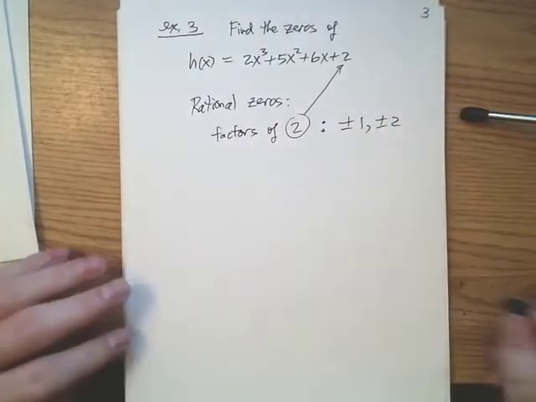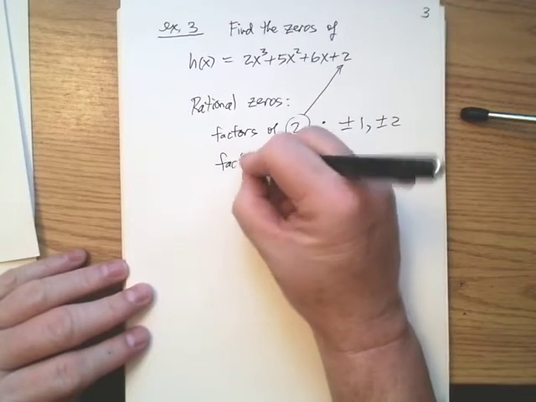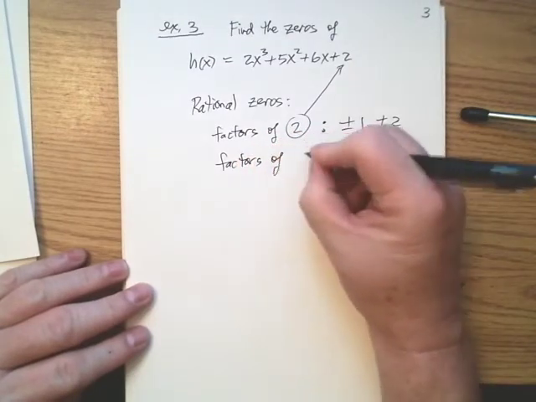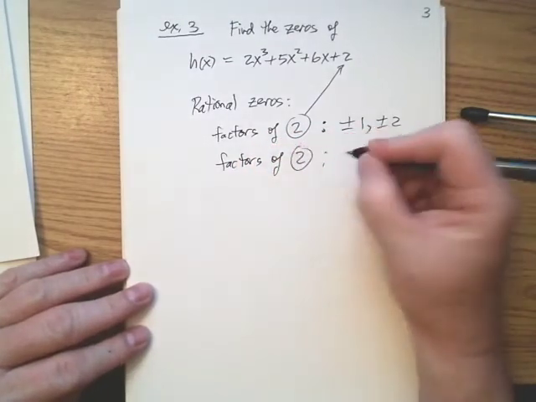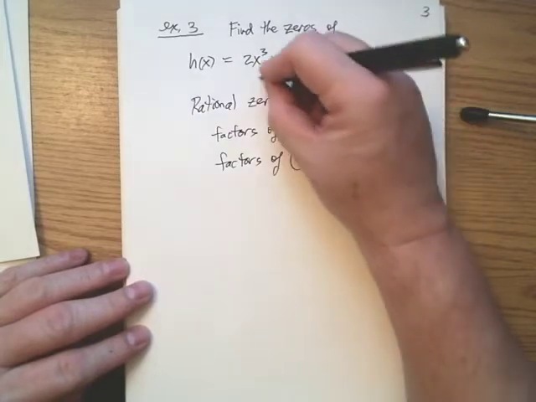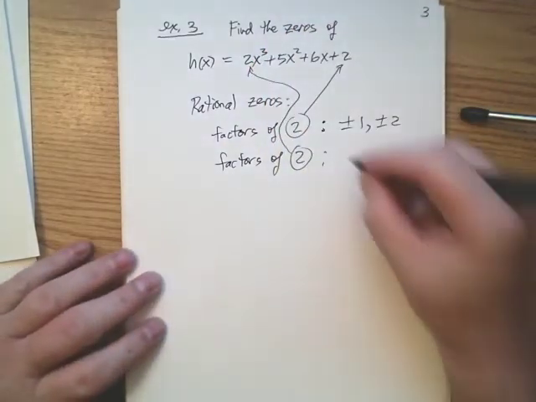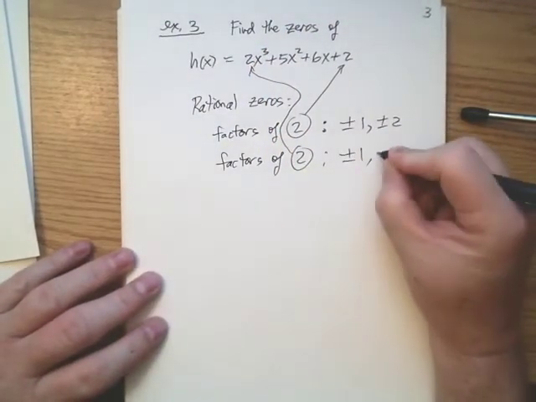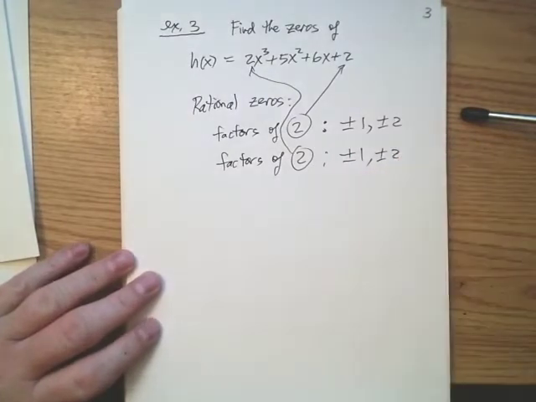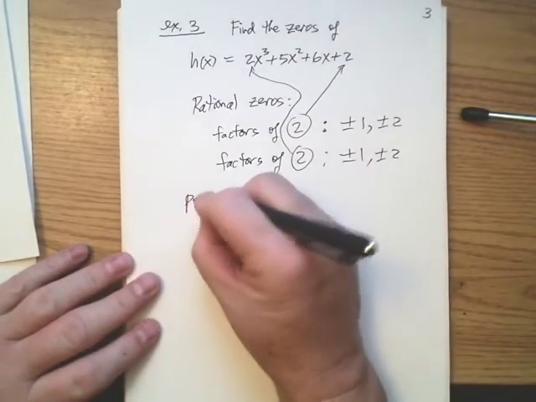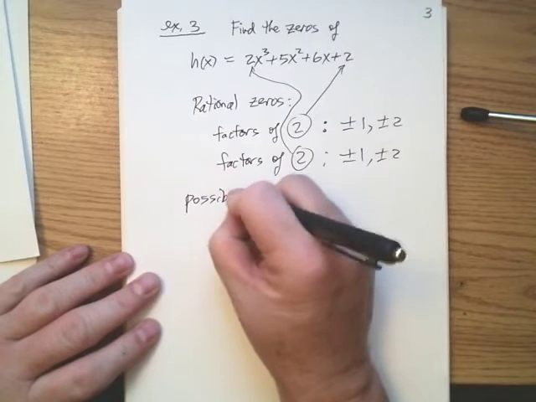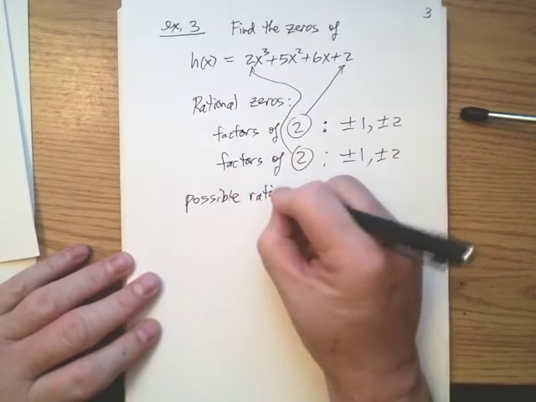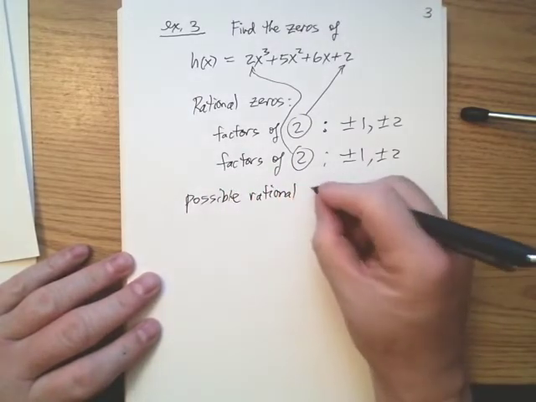Plus or minus 1, plus or minus 2. And then the factors of what underneath? Factors of the leading coefficient, which I stated already is also 2. So that's coming from there. This would be the same factors. Okay? So here's the possible rational zeros. So we're saying if there's any rational zeros, they'll be in this list.